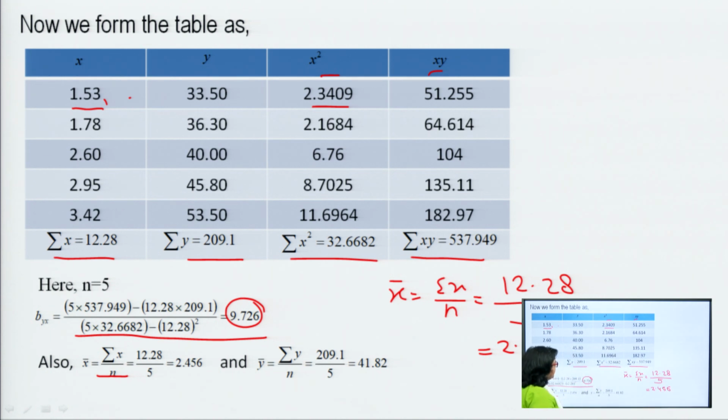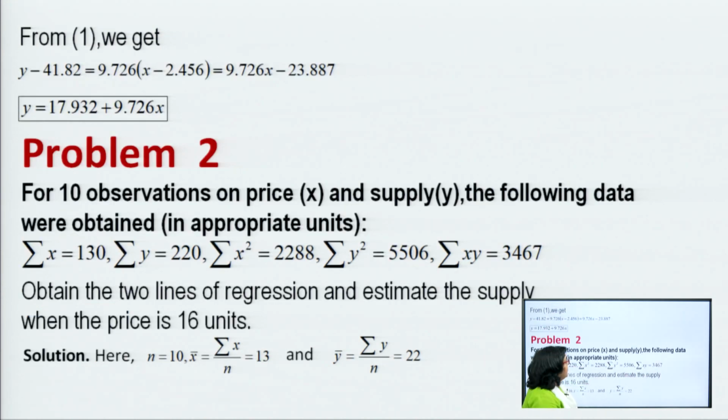2.456. In a similar way, we find y bar, which is summation y upon n, equal to 209.1 upon 5, which is 41.82. After knowing all the values, we find the equation of y on x.